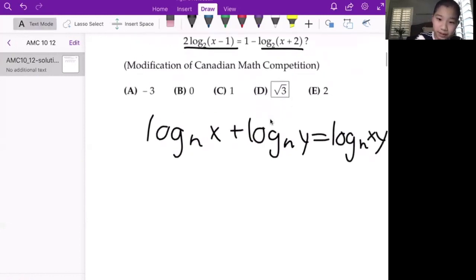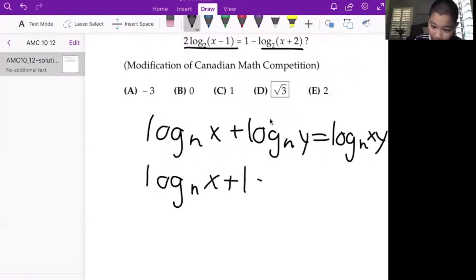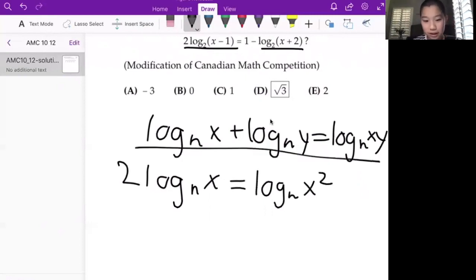And similarly, you can use this formula to create another formula. Log base n of x plus log base n of x, that's just 2 times log base n of x, is equal to log base n of x squared, simply because of the formula.